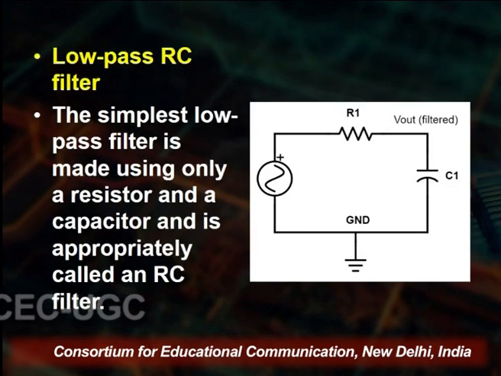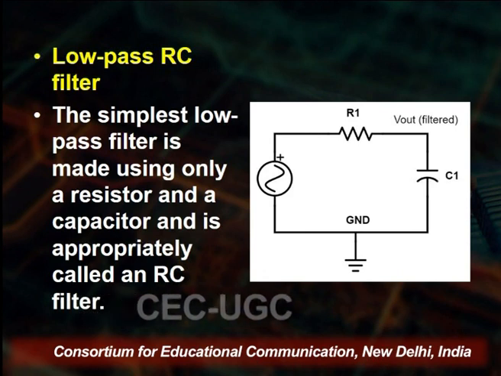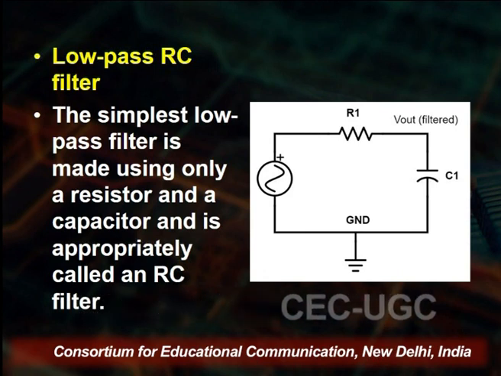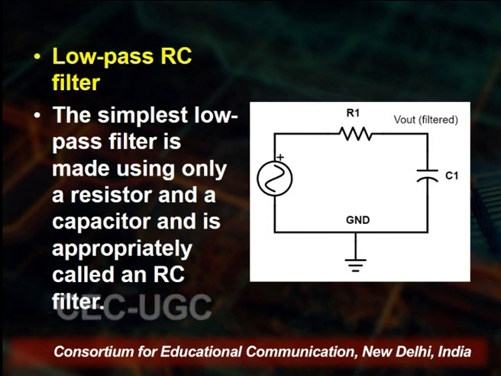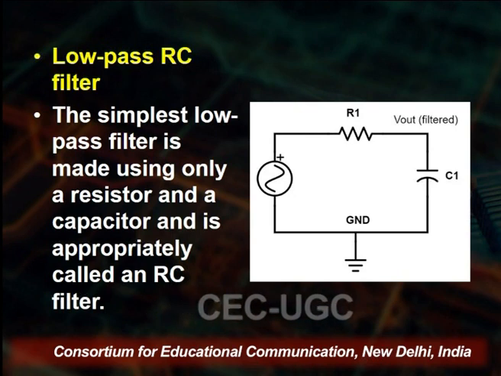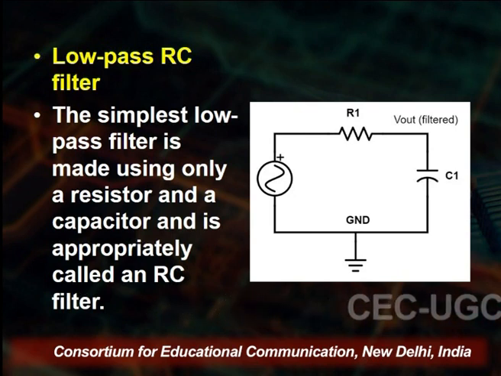We take one example using an RC, resistor-capacitor, circuit. So, what is the low pass RC filter? The simplest low pass filter is made using only resistors and capacitors and is appropriately called the RC filter.